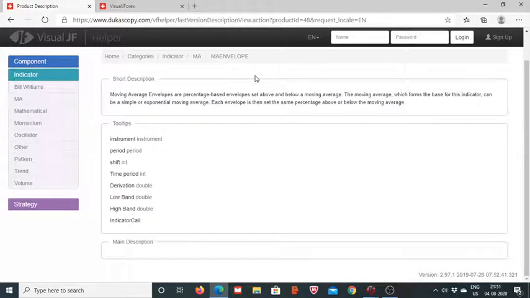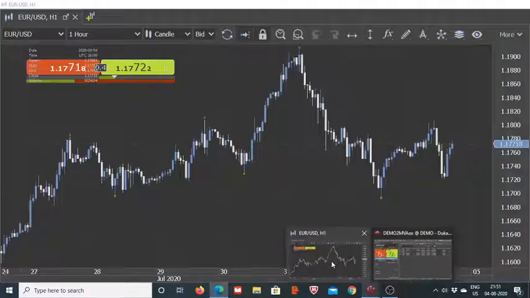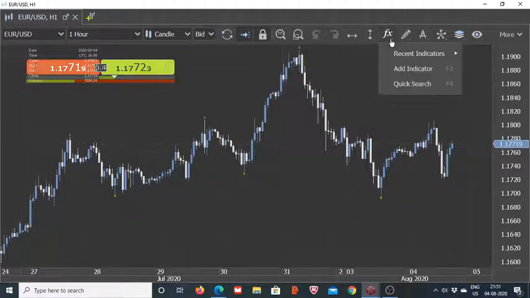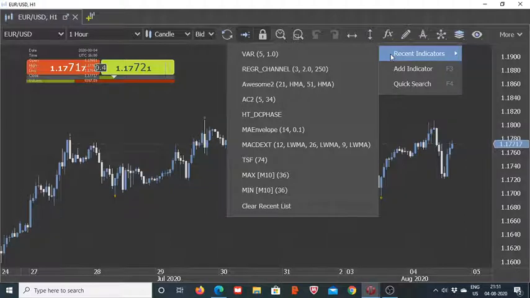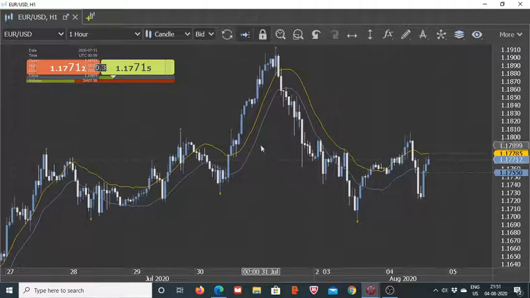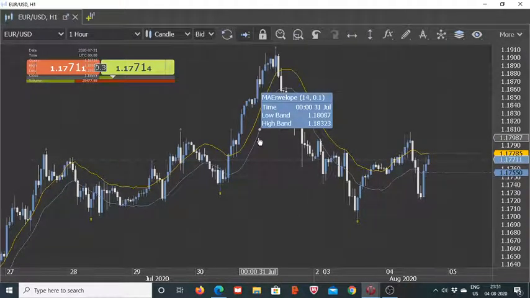So let's get started. First we will add this on the chart so that it will be easier to understand how to use the moving average envelope in a profitable manner. So here is the MA envelope, and here the setting is set at default.